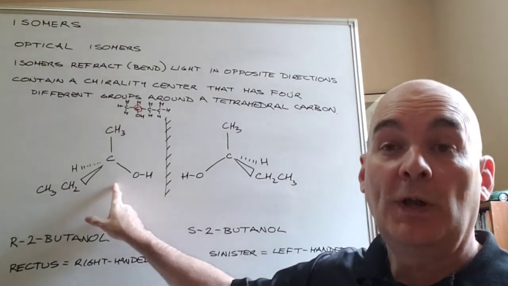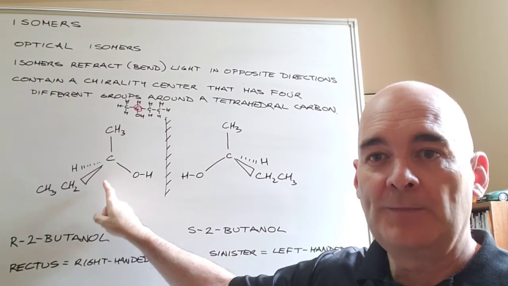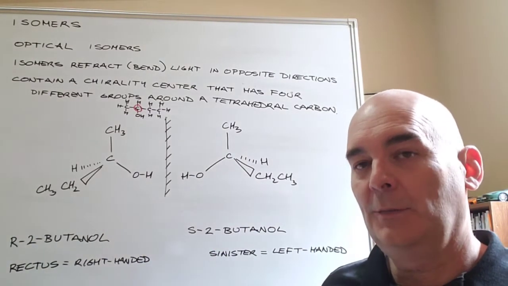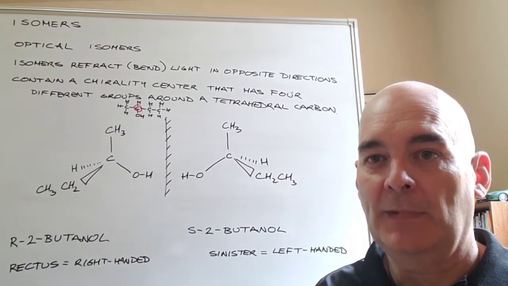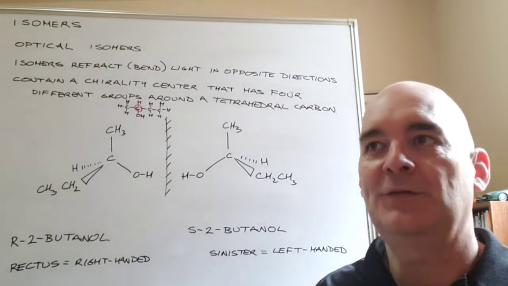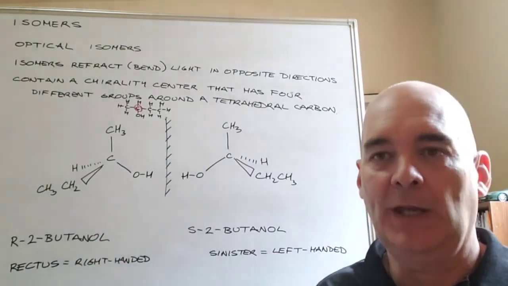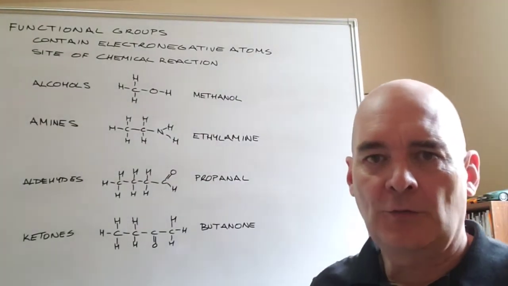Turns out one of the isomers was perfectly harmless, did its job. The other one caused the birth defects. Lots of biological molecules have chirality centers in them and have different activities based on which particular isomer you're looking at.